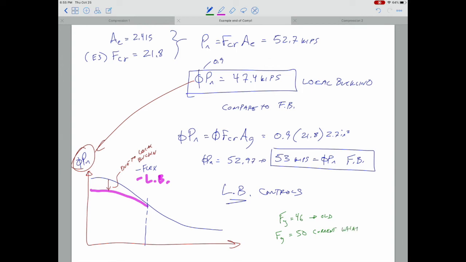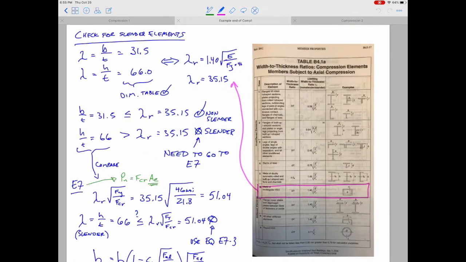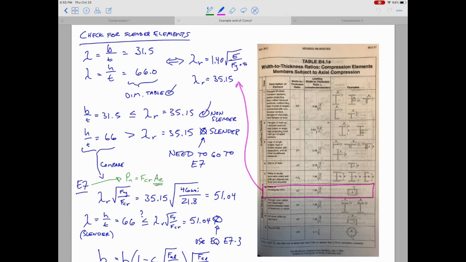What's the effect, right? What is the effect in terms of local buckling? If we go back, it shows up, and most importantly, it shows up here. If this value is larger, that means this value becomes smaller. So effectively, right, more and more sections will become slender.